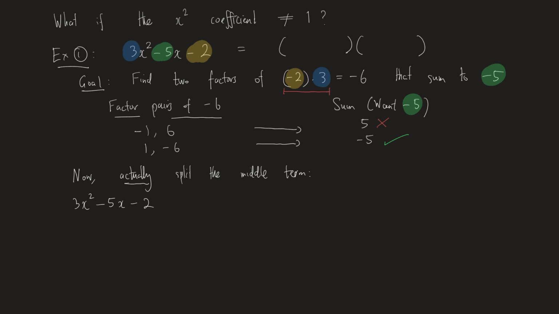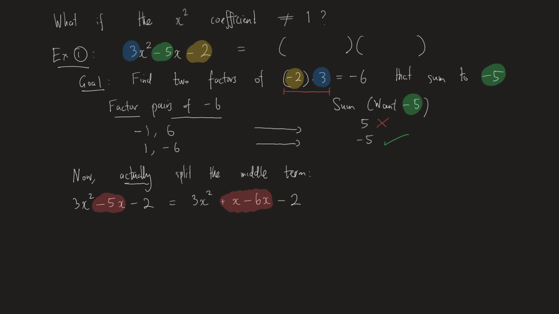I have that middle term, and I'm going to split it up in the following way. So I'm going to write it as plus 1x minus 6x. Okay. I've taken that negative 5x and I've written it in this slightly less simple way. And we'll see in a second why that's actually a really useful thing to do.